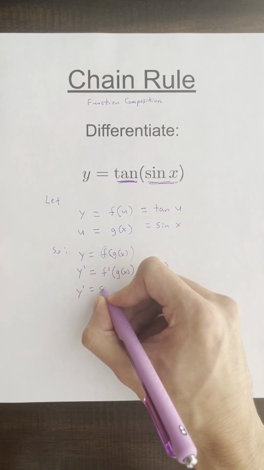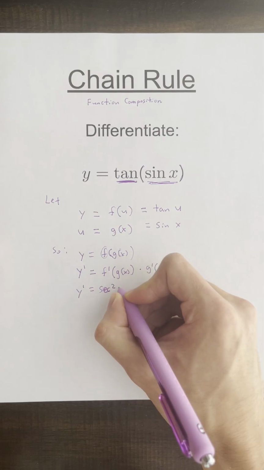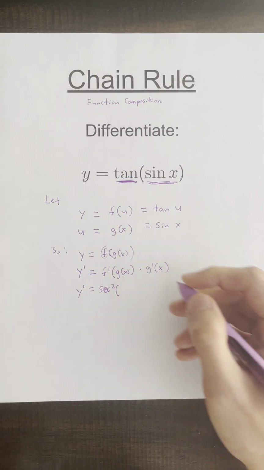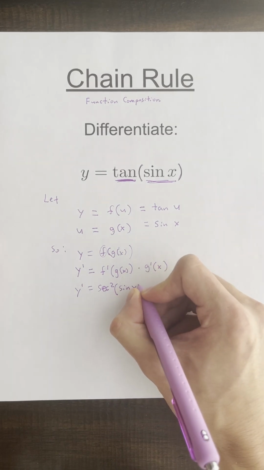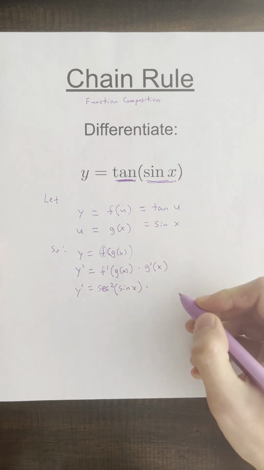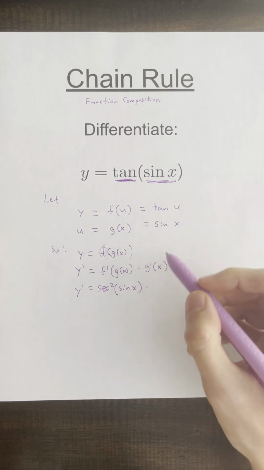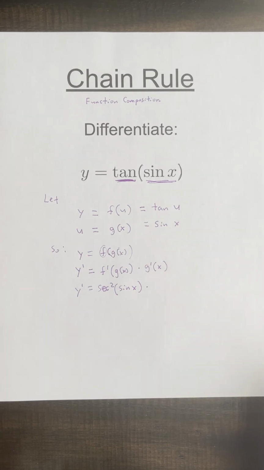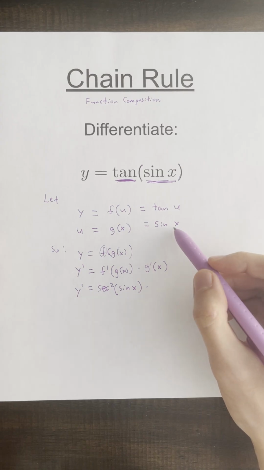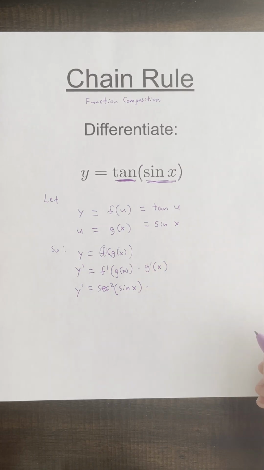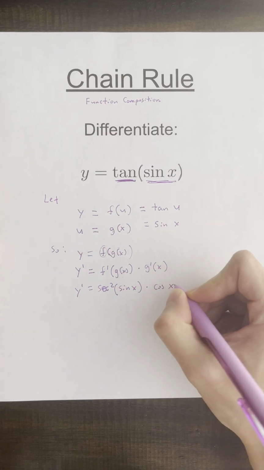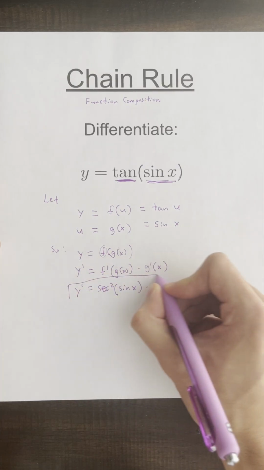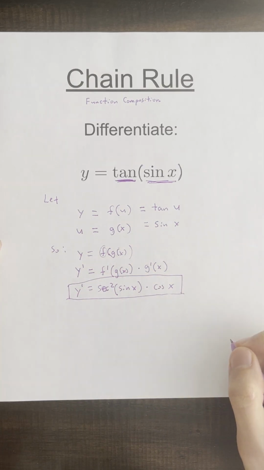It's going to be secant squared. And what was g of x again? Sine x. Okay, times. So if g of x is equal to sine x, what's g prime of x? It would be the derivative of sine x, and the derivative of sine x is what? Cosine x. This is your answer.